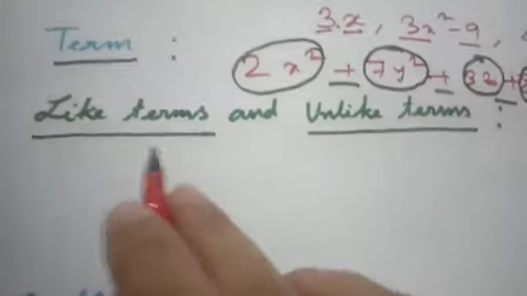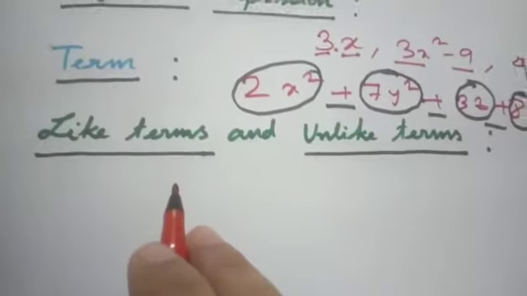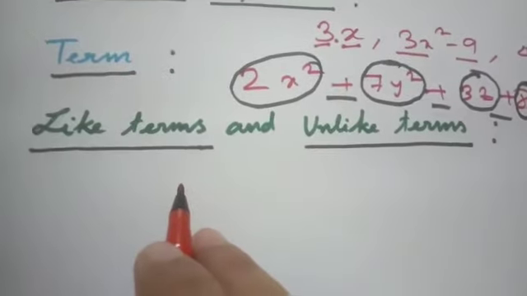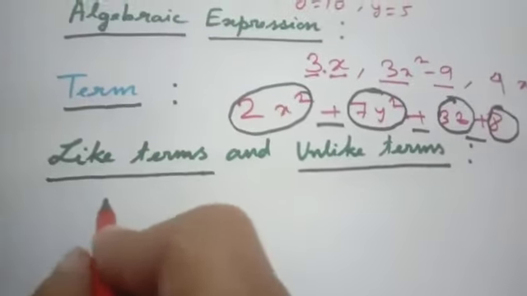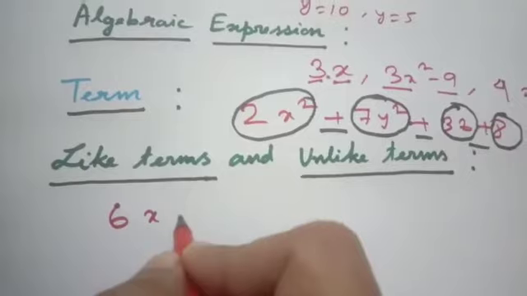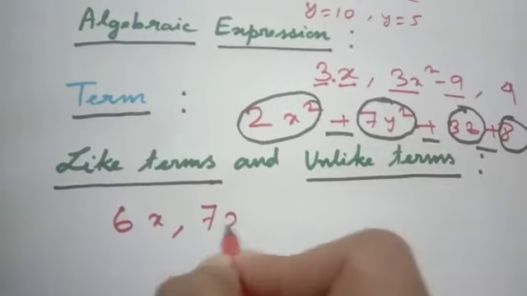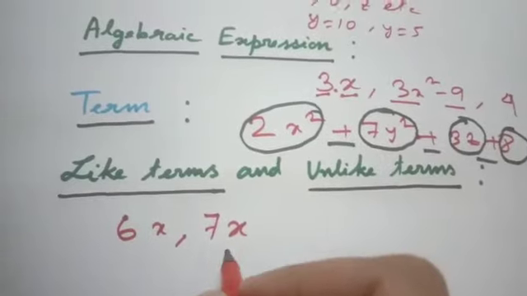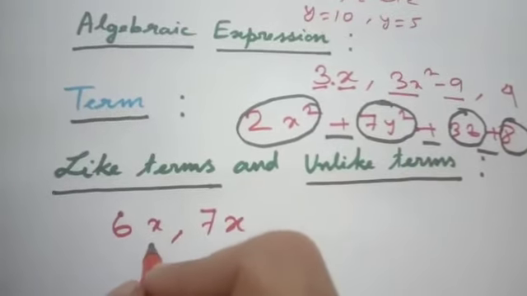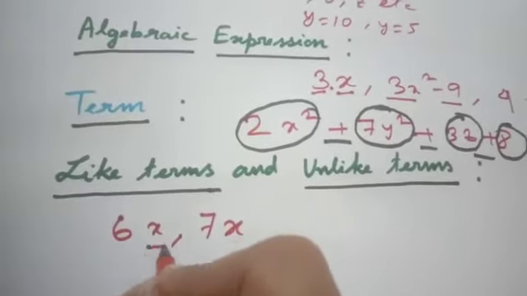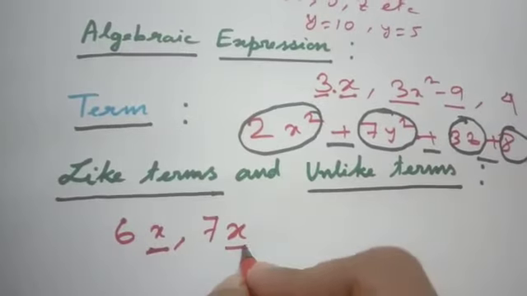And now we define like term and unlike term. What is a like term? Terms that have the same literal factors are called like terms. As for example, 6x, it is a term, 7x, it is a term. So here the literal factor is x, here also the literal factor is x.